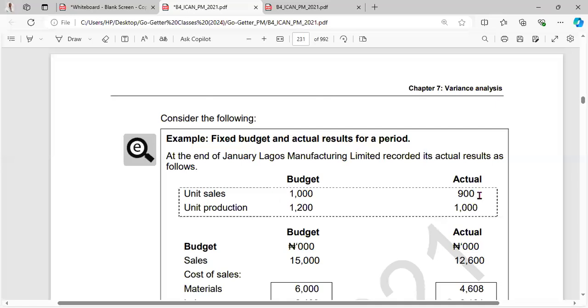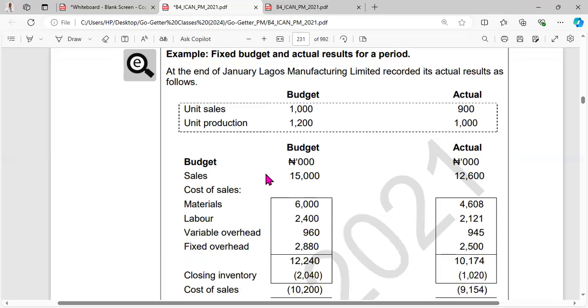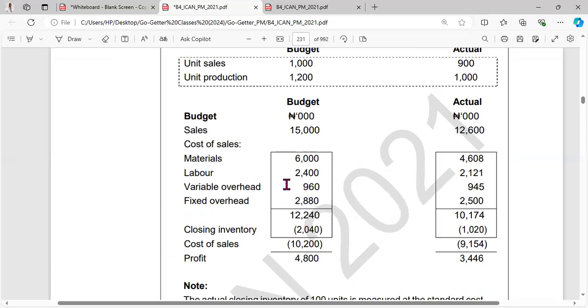The budgeted is different from the actual. The production too didn't achieve. Even the selling price is lower. Even the production cost is lower. So the company has not achieved its budget.